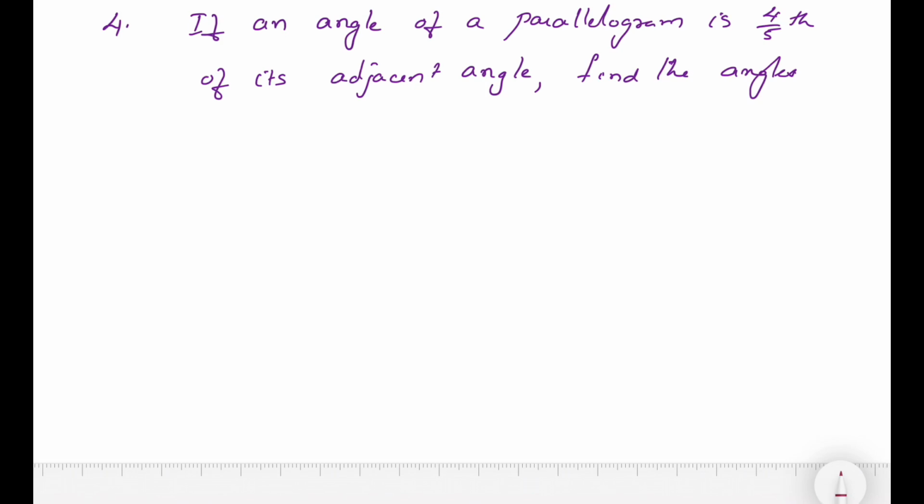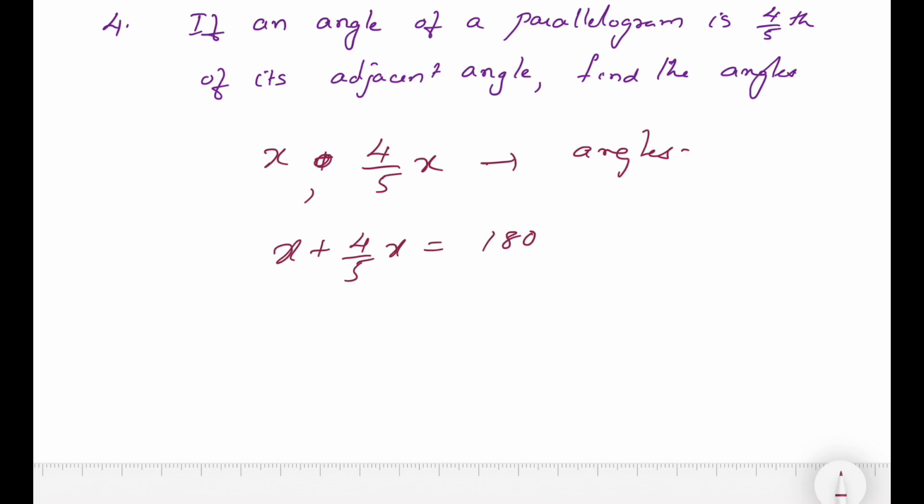If an angle of a parallelogram is 4/5 of its adjacent angle, find the angles. So just now I told you the adjacent angles are supplementary. So let x and 4 by 5 x be the angles. So x plus 4 by 5 x equal to 180. So taking the LCM, 5x plus 4x, 9x by 5 equal to 180.